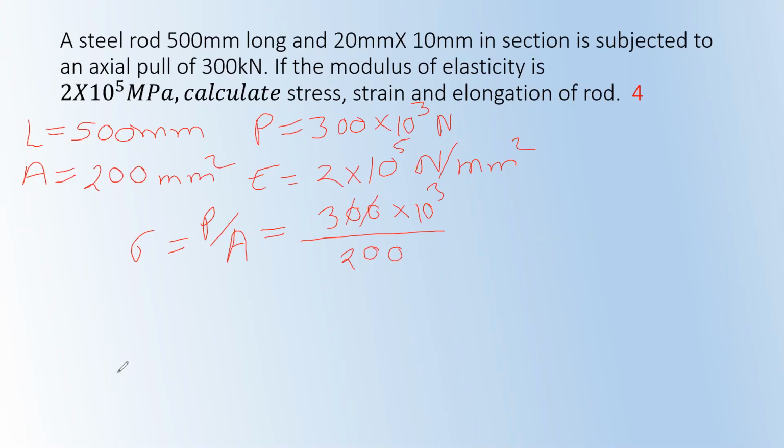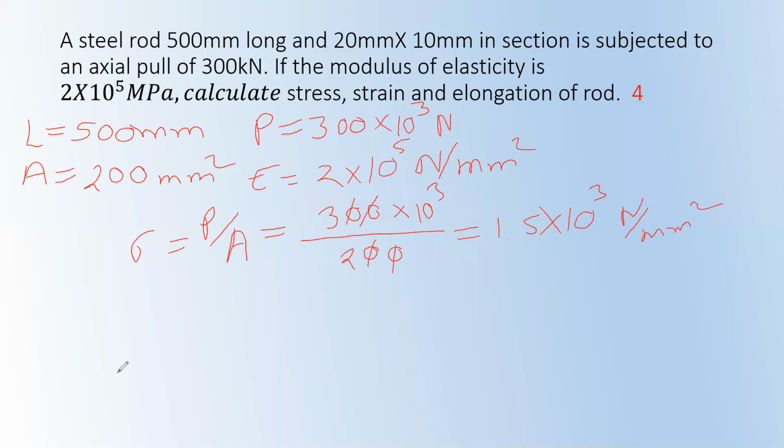So this will be 3 by 2, that is 1.5 into 10 raised to 3. The unit of force is Newton and the unit of area is mm square. So it is 1.5 into 10 raised to 3 Newton per mm square.